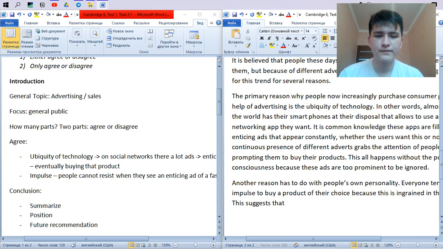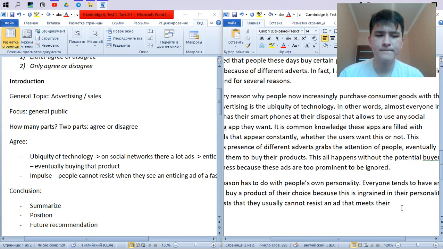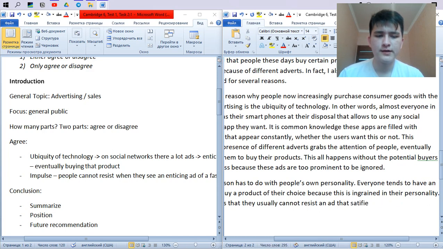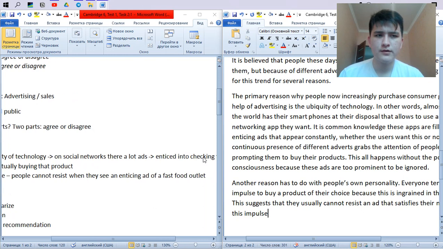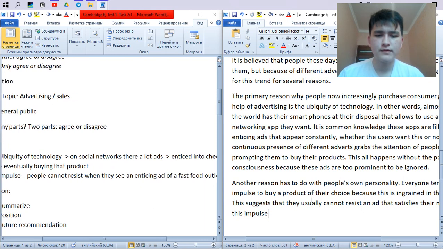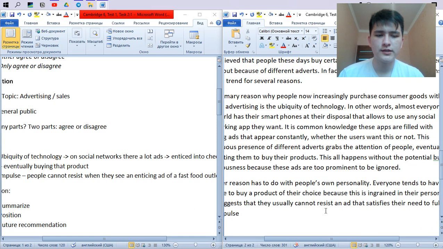This suggests that they usually cannot resist an ad that satisfies their need to fulfill this impulse, when they see it enticing.